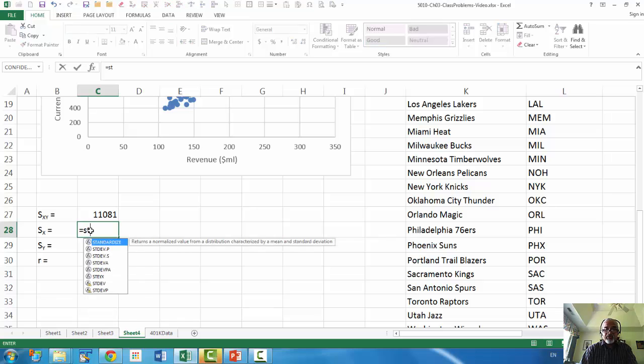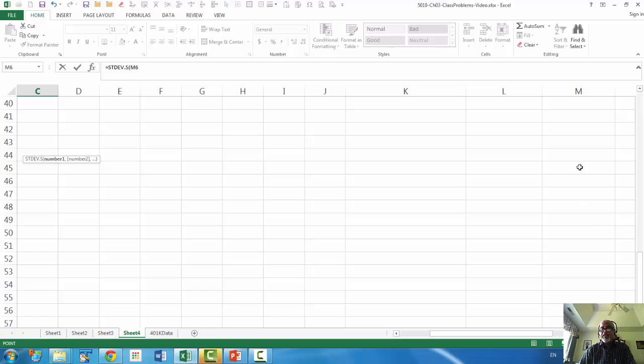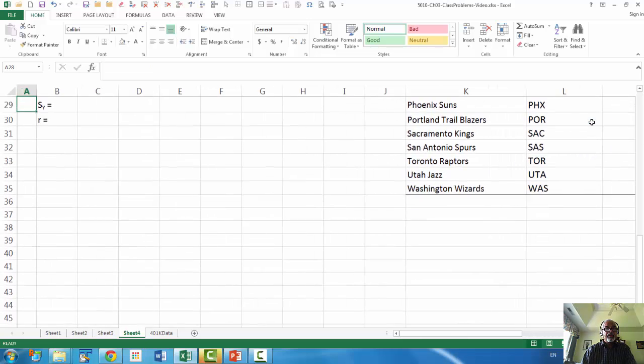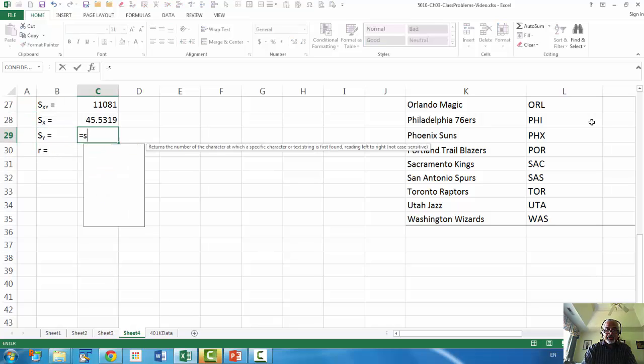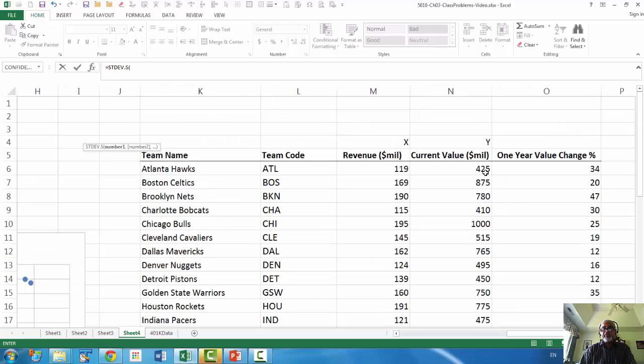Now STDEV.S for revenue, and then STDEV.S of current valuation.